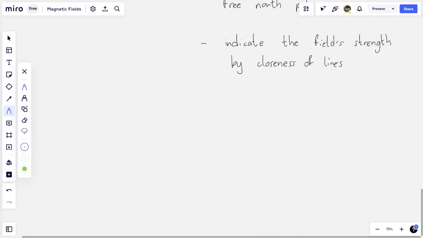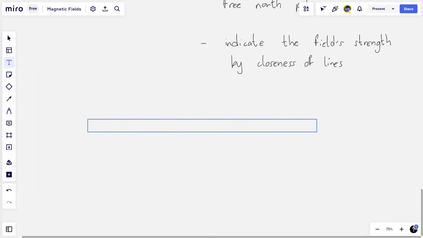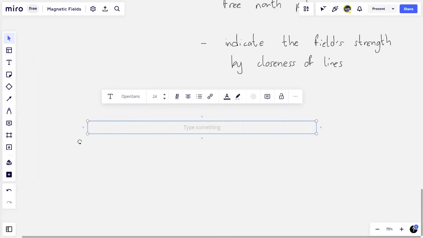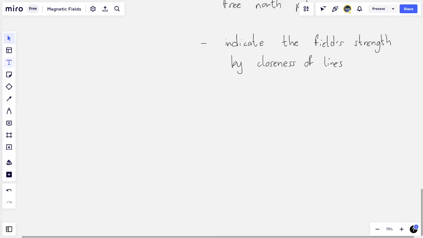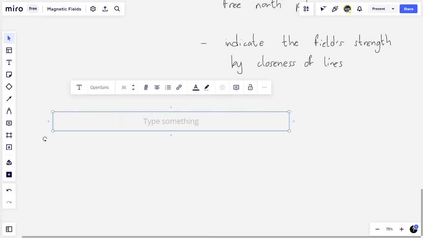And so if I wanted to define a magnetic field, it's not that easy, but we'll try. Now, we have to be very careful that we don't confuse a magnetic field and an electric field. There's something very important that distinguishes a magnetic field from an electric field.